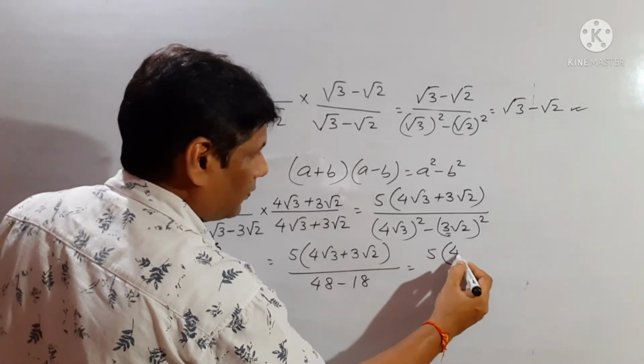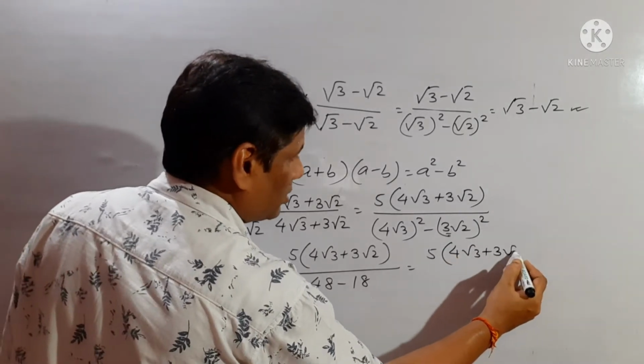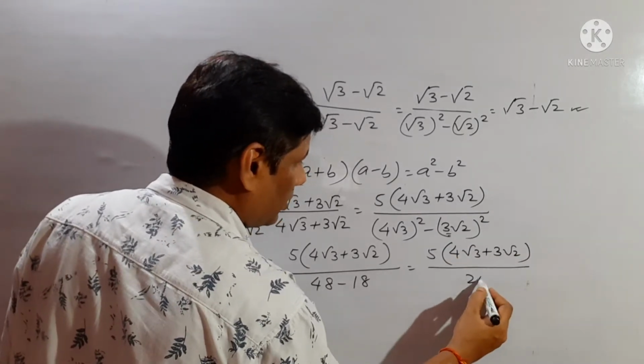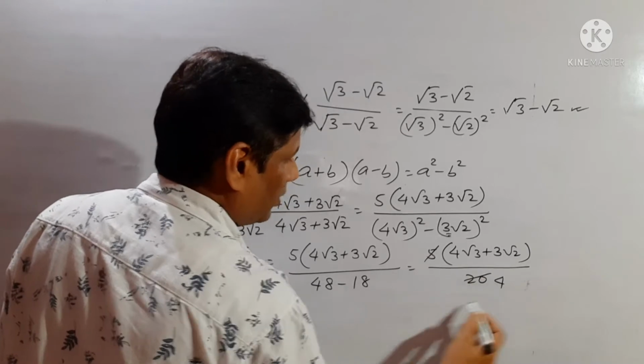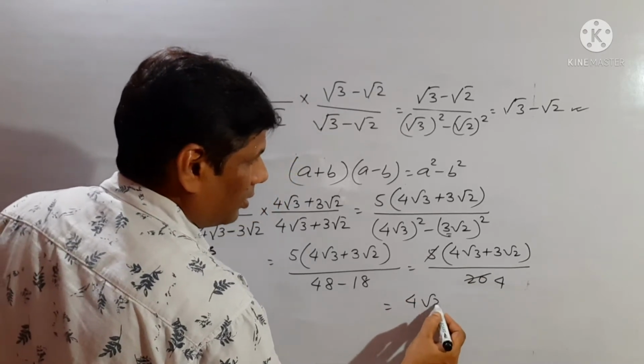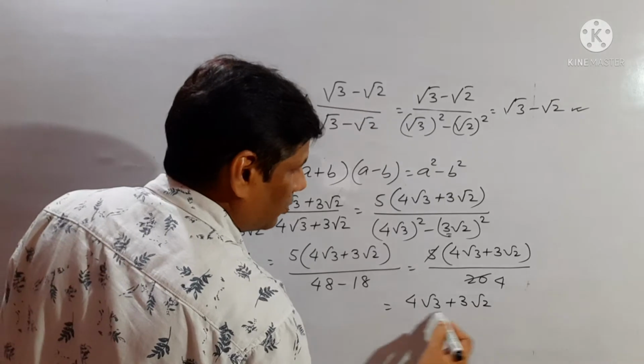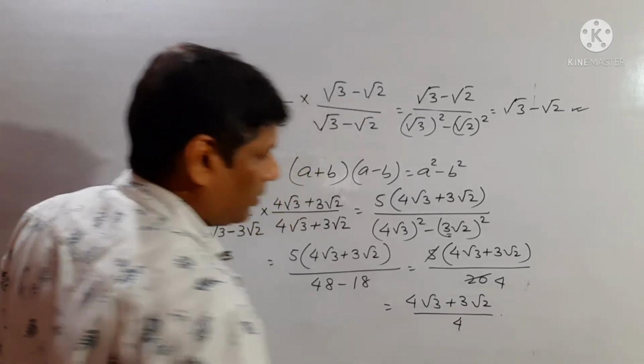It becomes 5 into 4 root 3 plus 3 root 2 divided by 30 hmm, 48 minus 18 is 30... so we get the denominator as 20 in the transcript: 5 into 4 is 20. So finally we get 4 root 3 plus 3 root 2 by 4 after rationalizing.